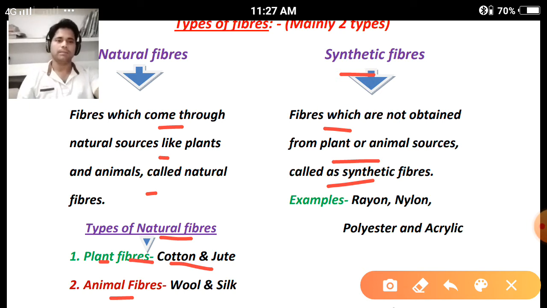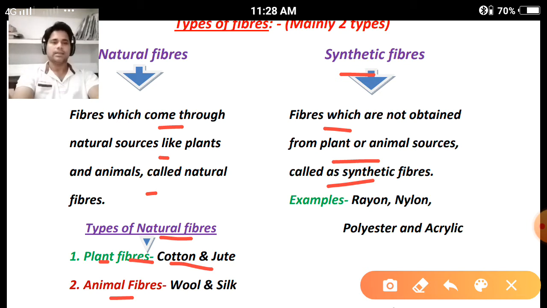Why are they called synthetic? Because they are not prepared using any plant or animal material. There is involvement of chemical substances, and by the repeating unit of these chemical substances these fibers are prepared. This is called man-made fiber or artificial fiber.